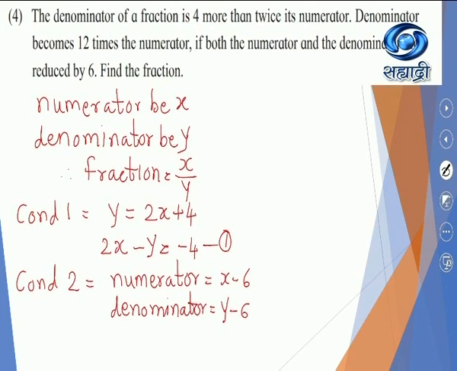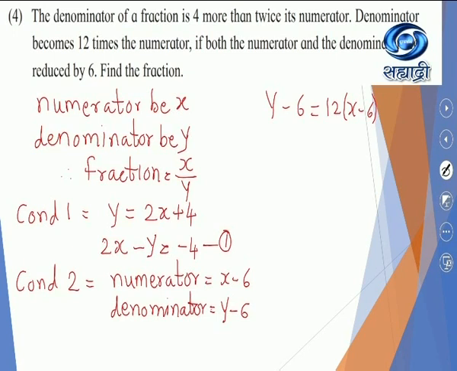Now as per the condition, we can write the equation as y minus 6 equal to 12 into bracket x minus 6, right? Because the second condition is given, denominator becomes 12 times the numerator if both numerator and denominator are reduced by 6.